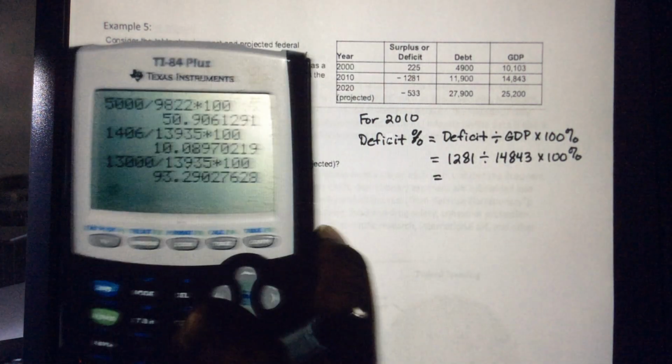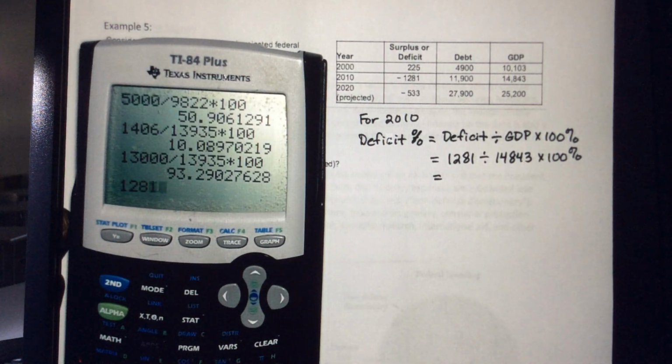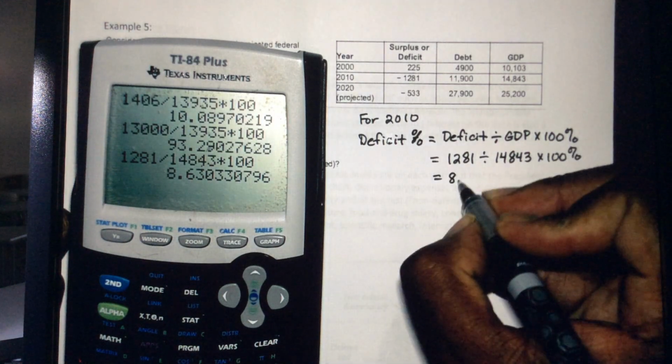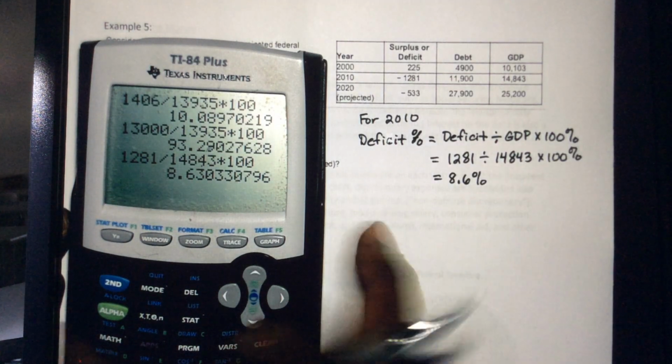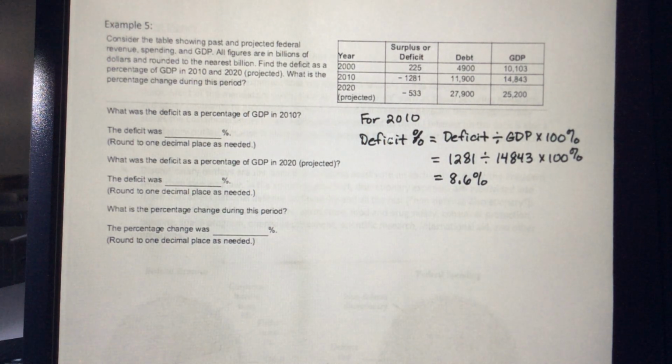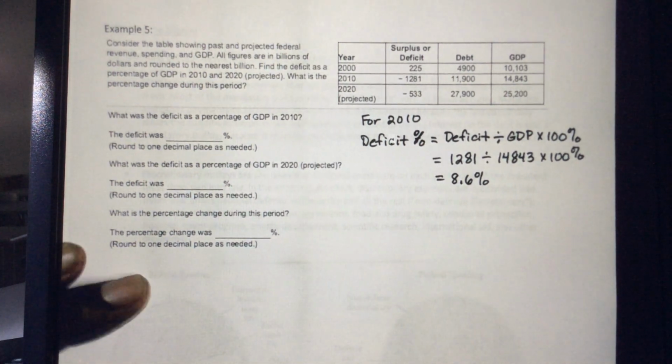Now to one decimal place, we will get approximately 8.6%. So the deficit as a percentage of GDP in 2010 was 8.6%.